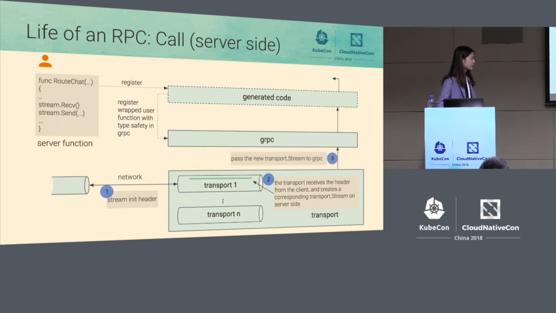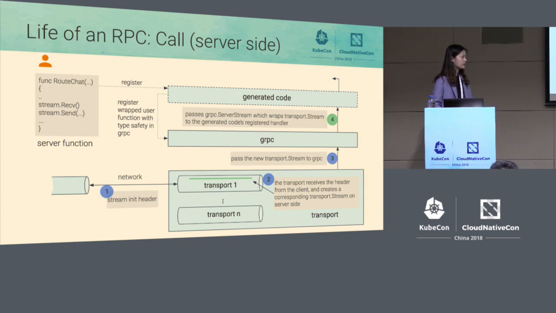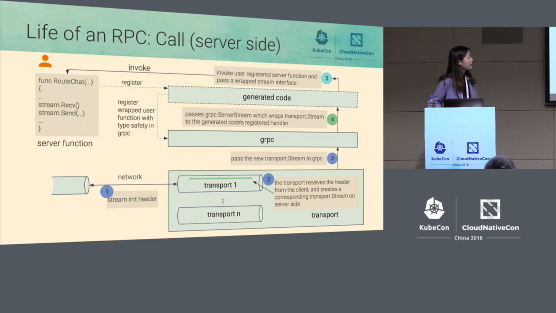And like on the client side, gRPC will again wrap the transport stream with its own stream abstraction to provide functionality like compression, decompression, encoding, things like that. And then the generated code will again create a thin wrapper around the gRPC layer stream and provide a nicer programming interface for the user function to use. And it will invoke the user function to start the whole process.